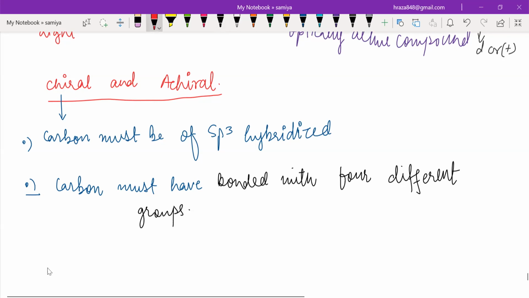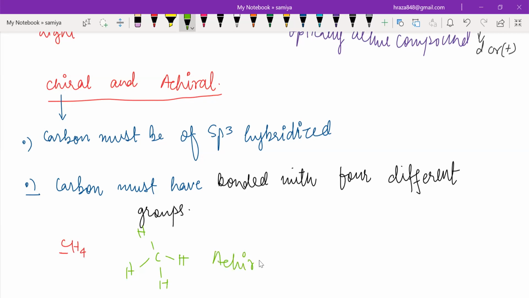Yes, sir. So if I'm going to ask you whether this carbon is chiral or not, can you tell me yes or no? Sir, this is not chiral, because it is attached with four same groups. That's why it is not chiral. Okay. So achiral it is. Please write it.